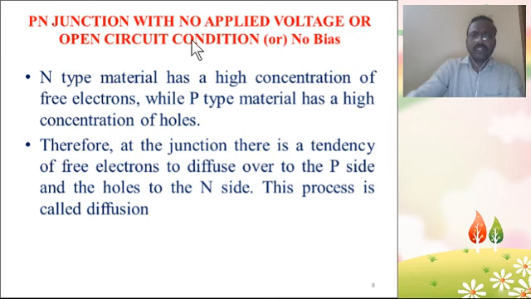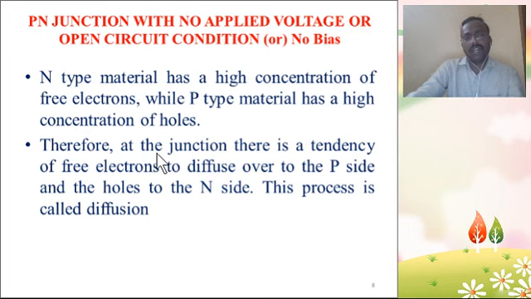Next, we are going to see the operation of PN junction diode without applied voltage. This means no bias. N-type material has a high concentration of free electrons, while P-type material has a high concentration of holes.